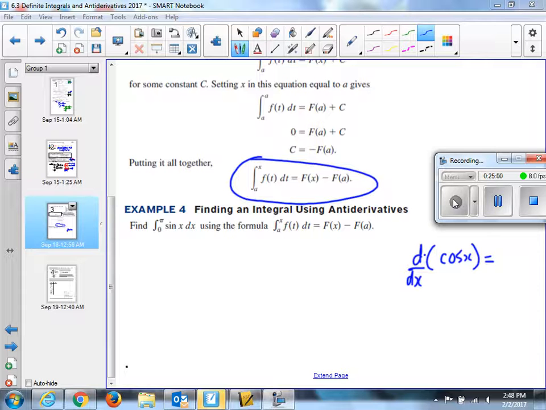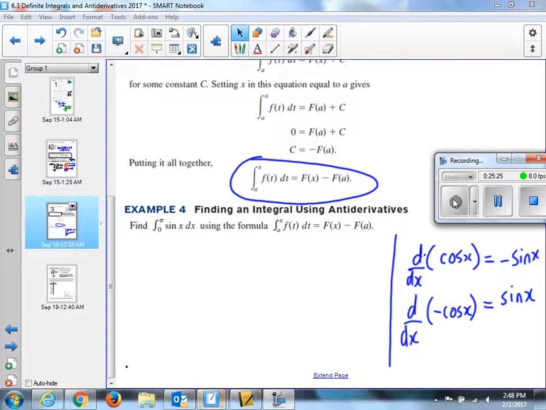The derivative of cos of x is negative sine x. So similarly, the derivative of negative cos x is positive sine x, right? Now this is something we knew. Keep this. This is what I'm expecting you guys to sort of remember. And of course, the derivative of sine of x is cos of x, and so on.